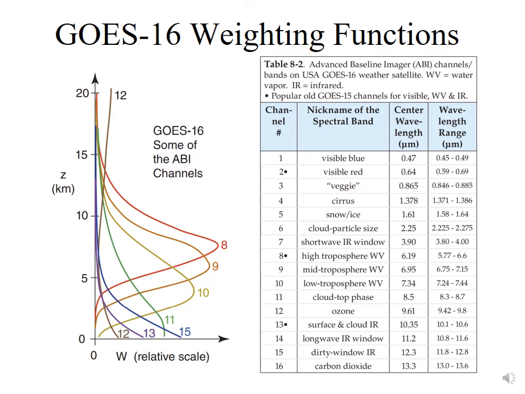So you can see that by exploiting different regions of the electromagnetic spectrum, and looking at places where you have windows and where you have shoulders, you can devise instrumentation that is sensitive to getting information and data about certain gases in the atmosphere at certain elevations.